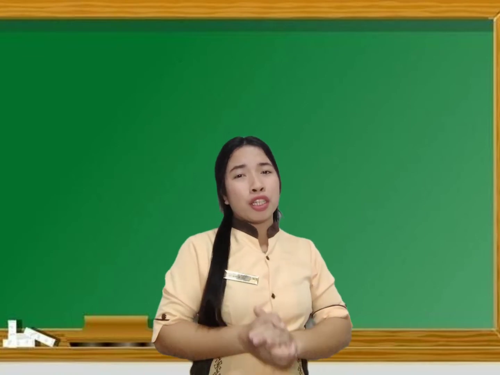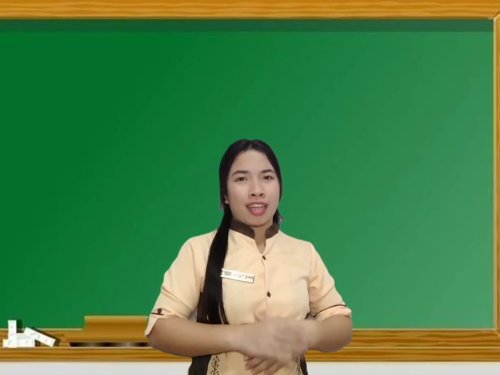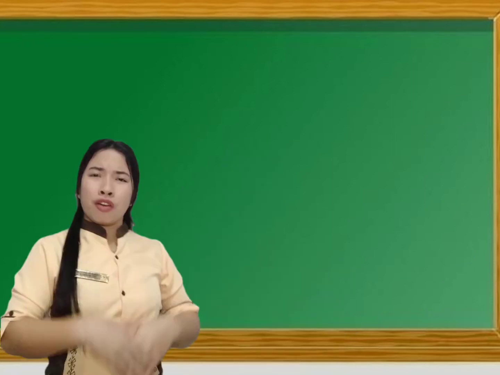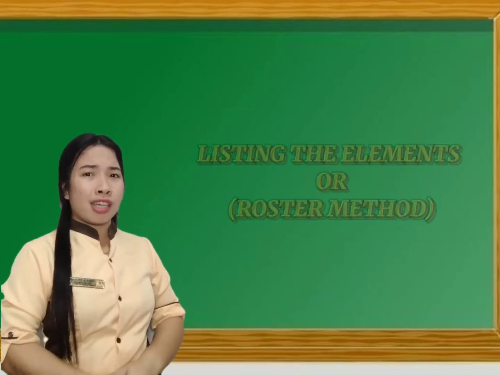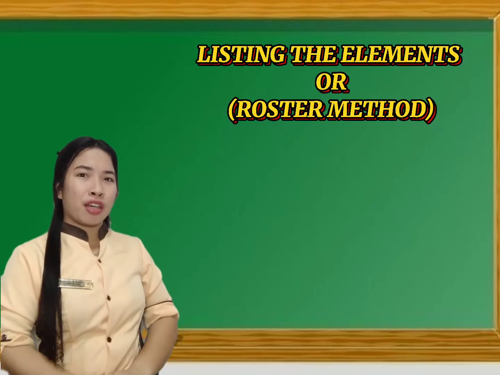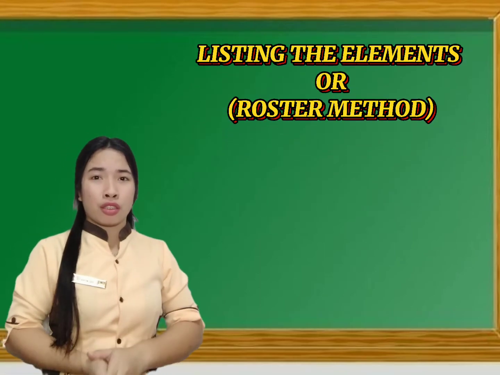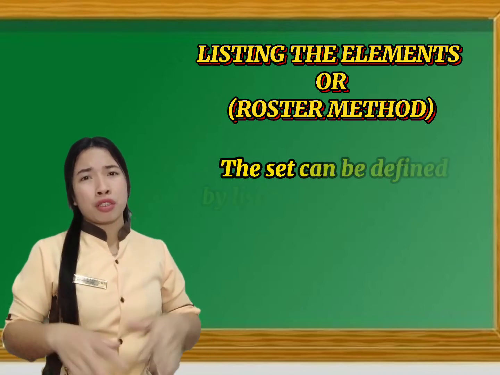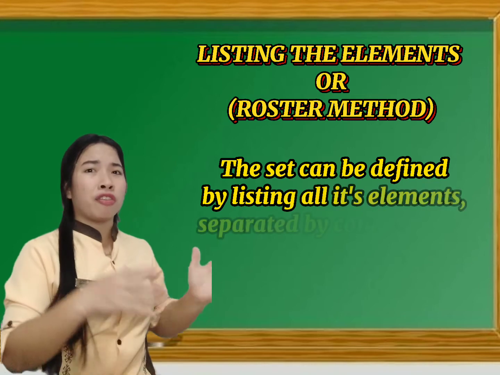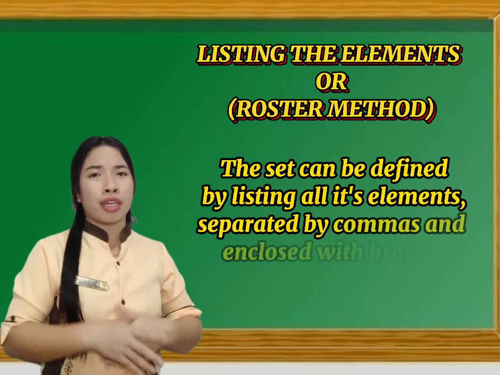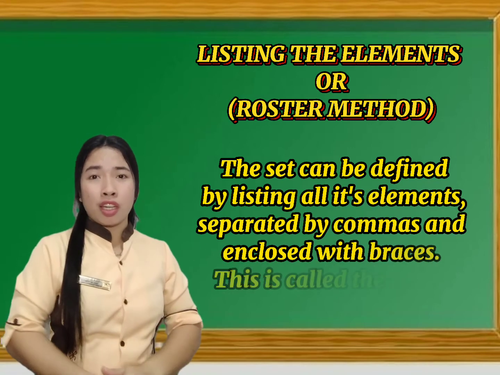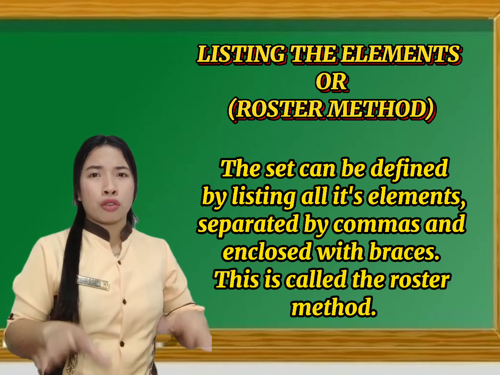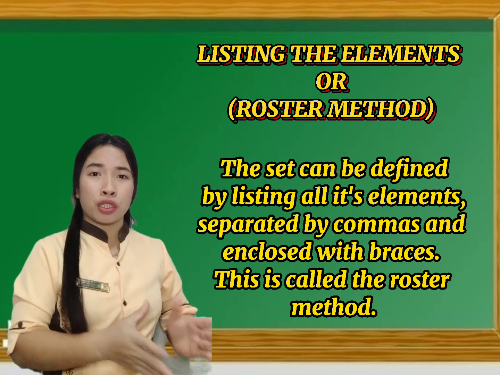So now, let's proceed to our main topic today, class. What are the 3 methods of sets, by the way, class? First method is listing the elements, or the roster method. So what is the roster method, by the way, class? The roster method is where sets can be defined by listing all elements, separated by commas and enclosed with braces.